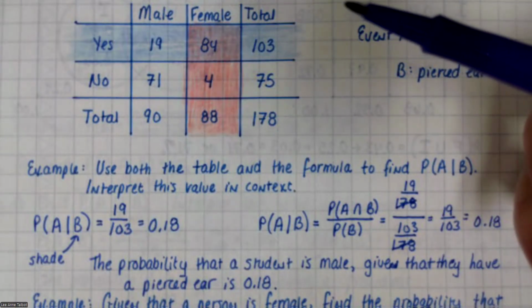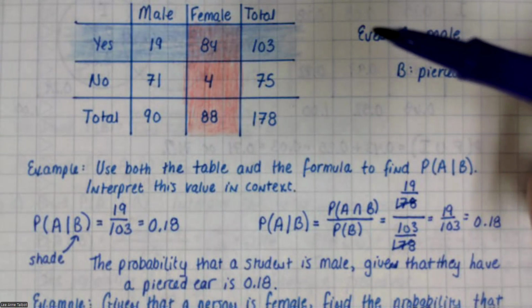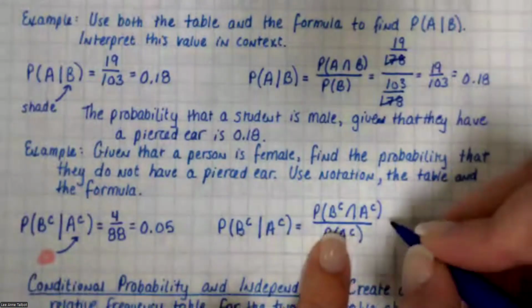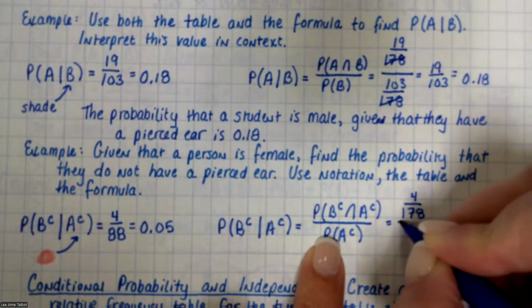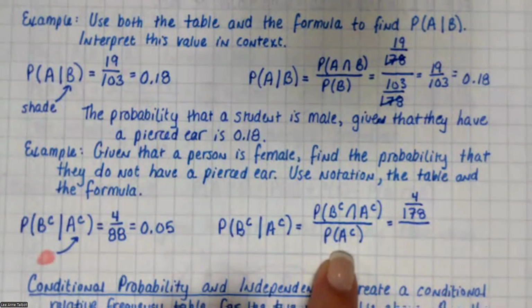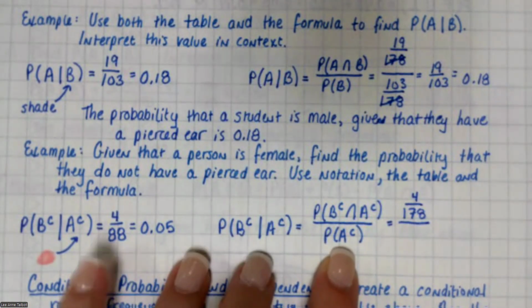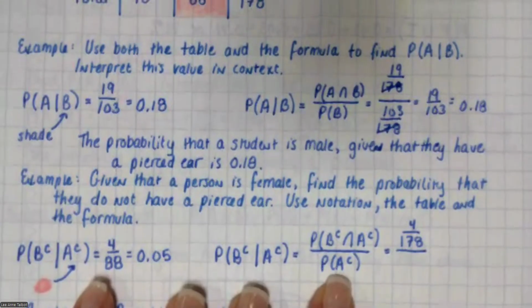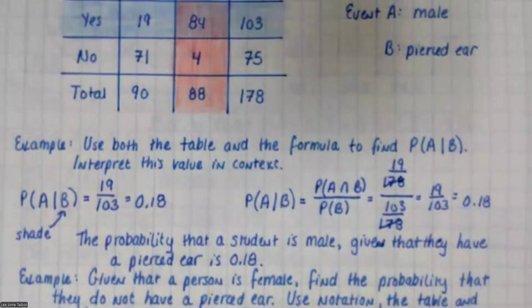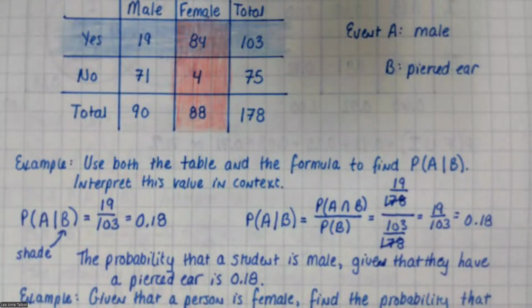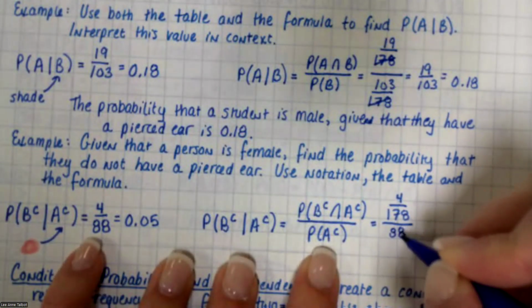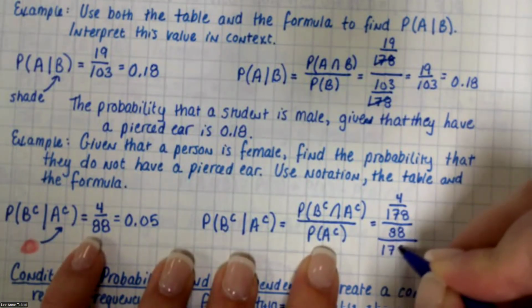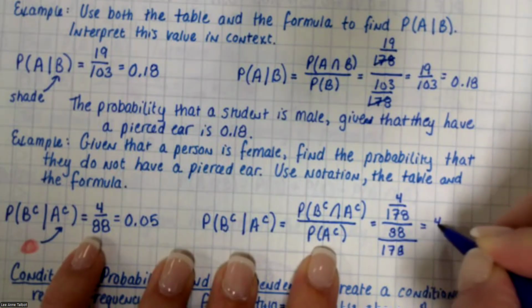What number is in the not pierced ear, not male box? 4 over 178. And then what number is total not male? 88. And then keep change flip.